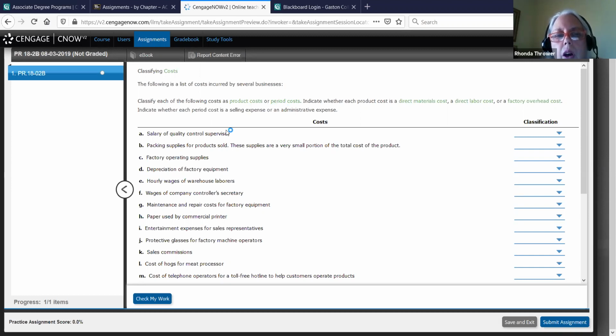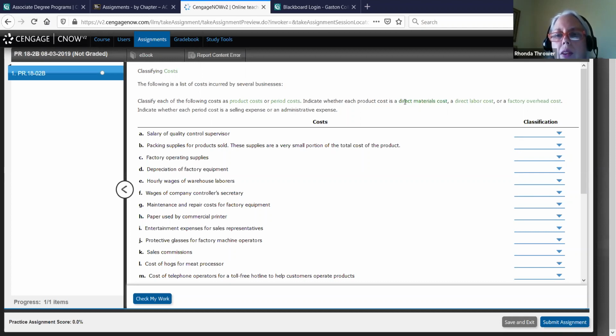Once we have the cost classified as product or period cost, then we're going to subclassify it as whether it should be a direct materials cost, which is a major, integral part of the cost of the manufacture of a product. It is materials that would go directly into the physical product itself.